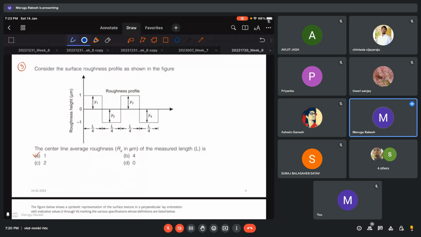The question tries to trick you by giving this value of minus 1. Our formula remains the same, summation divided by n, but for this you have to take the modulus since they have given a minus sign. You can sum 1, 1, 1, 1 divided by 1, 2, 3, 4, and you'll get 1.